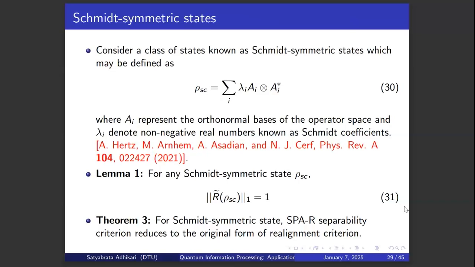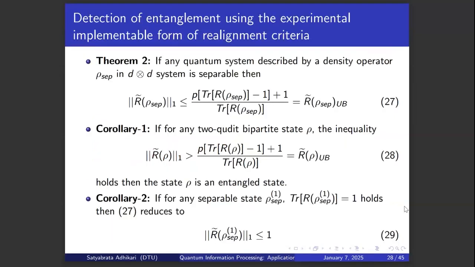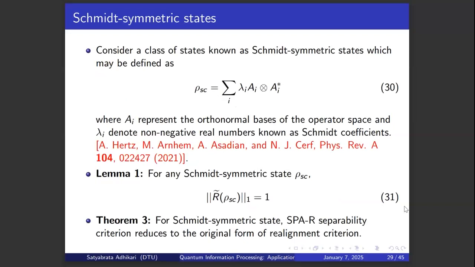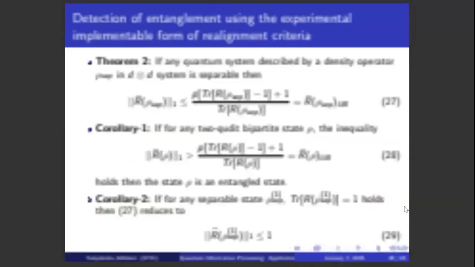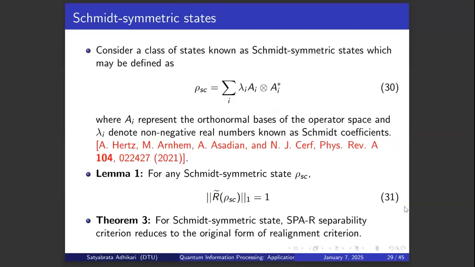When we detect whether this state is entangled using our criteria, we find that criteria 27 and 28 reduce to the original realignment criteria for this particular class of Schmidt symmetric states.